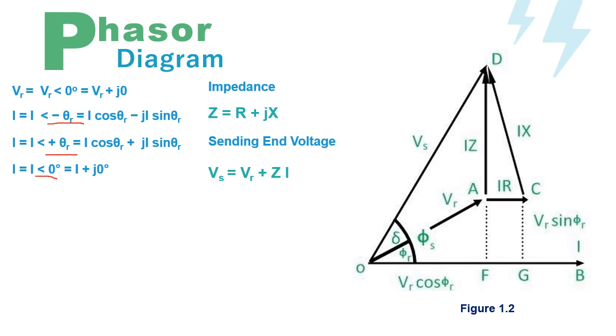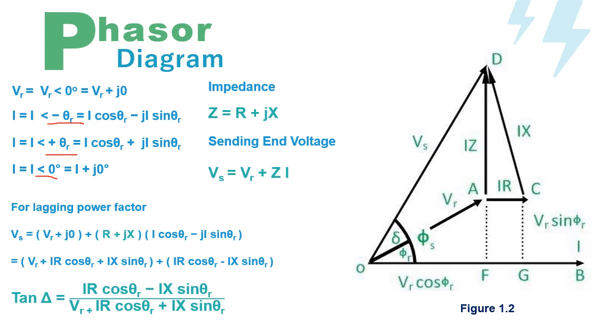By substituting the values, we will have the receiving end voltage plus (resistance plus j reactance) multiplied by (I cosine theta R minus jI sine theta R) equals the sending end voltage. Simplifying it further, the sending end voltage equals the receiving end voltage plus IR cosine theta R plus IX sine theta R plus j(IX cosine theta R minus IR sine theta R).